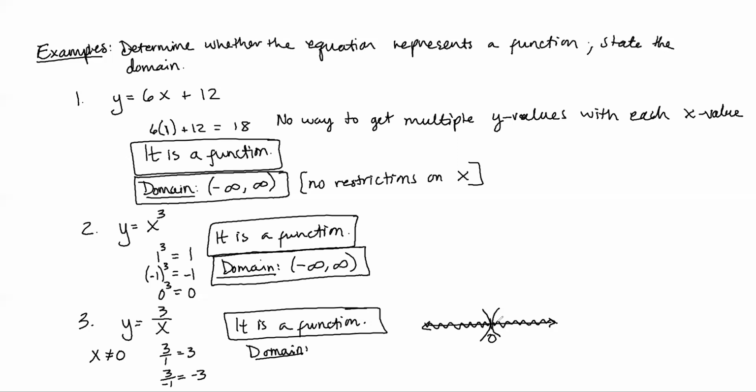You can get as close as you want to 0, but you can't equal exactly 0. So if I write this as two distinct intervals, we're going to have everything from negative infinity to 0 with a parenthesis, union everything from 0 to positive infinity. That's the way you exclude a single number from your domain.